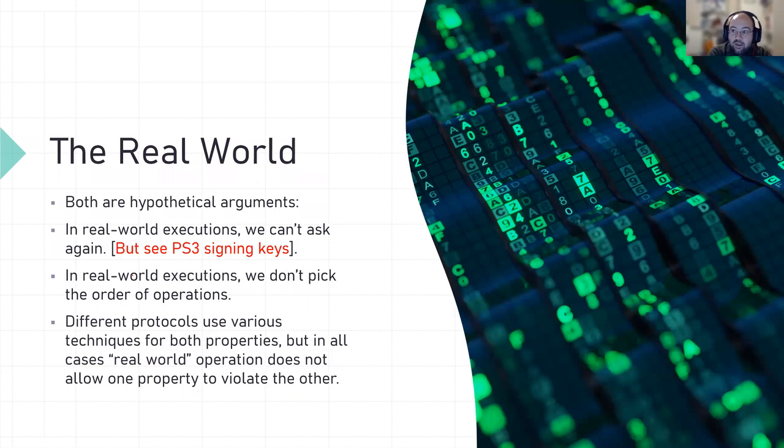And in the other world, we are able to cheat by doing things in the wrong order. Whereas in the real world, neither option is actually available to any of us. So in the real world, we are not able to cheat and create proofs without knowing the witness. And on the other hand, we are not able to get the witness out of a proof.